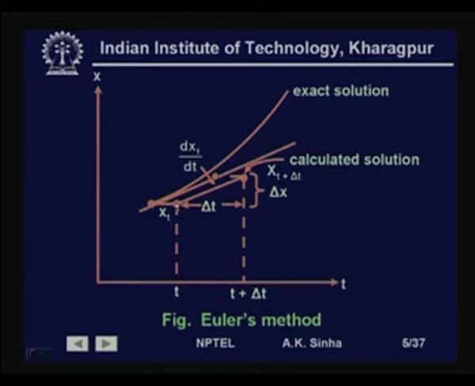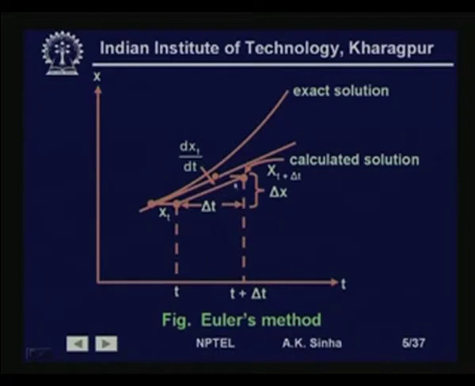Now, if we take a small increment delta t, then we have the value of x at t plus delta t, which will be given by this x t plus a small increment delta x. And what is this small increment? This is equal to the slope that we have into this delta t.